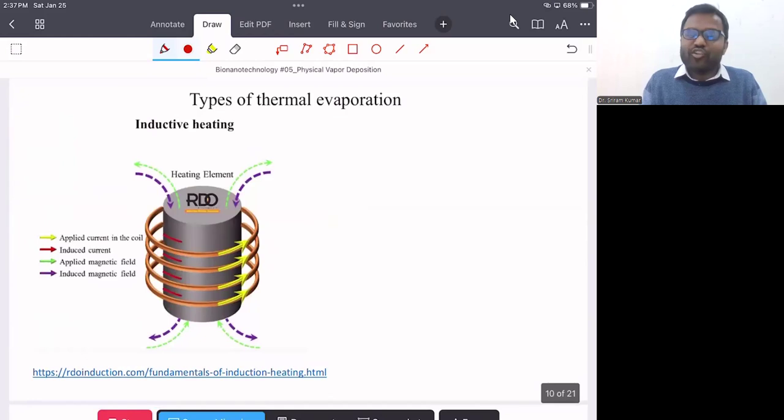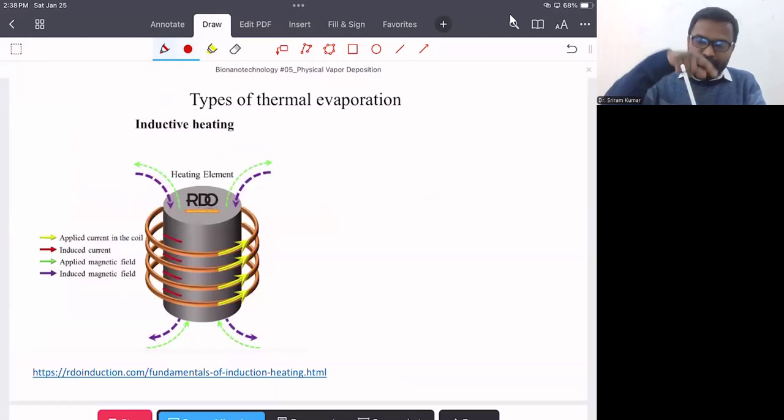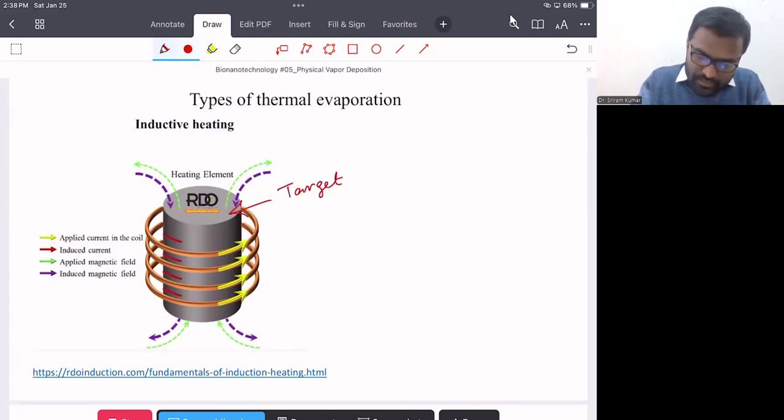We have the third kind of deposition technique, and that is inductive heating. In this technique, we have this coil. In between this coil, we can put our desired target. This is the target material.